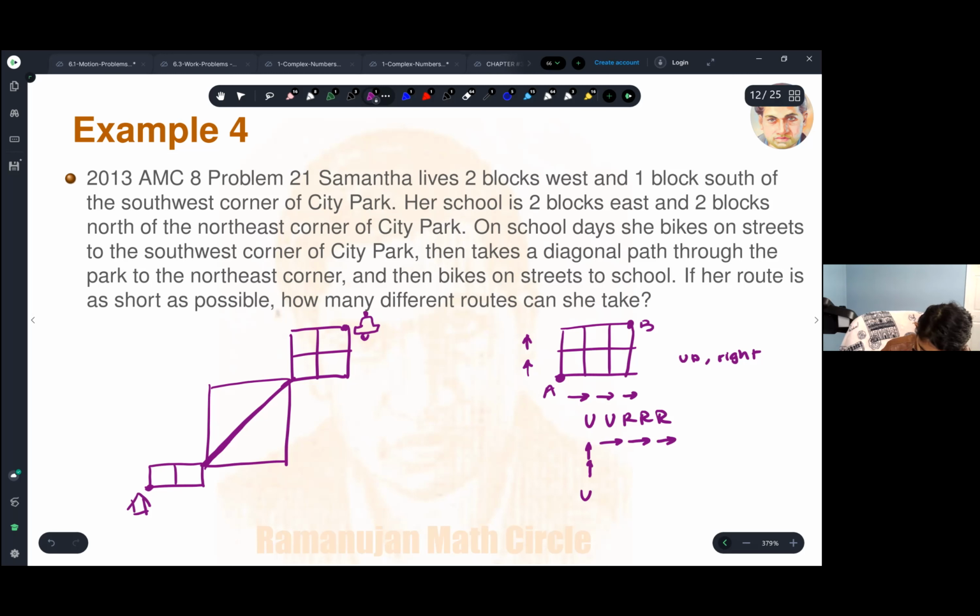If we did U, R, U, then it would be equivalent to going up, right, up. This is how we would follow it. So based on a set of letters, you can create a path.